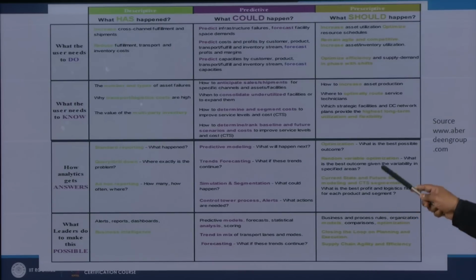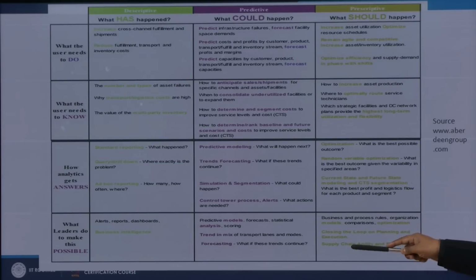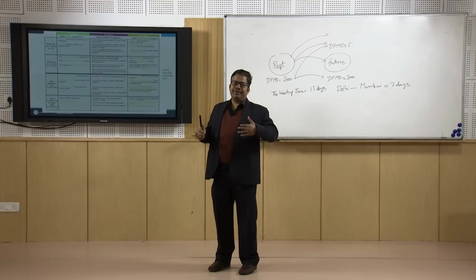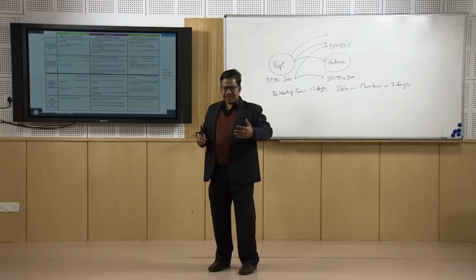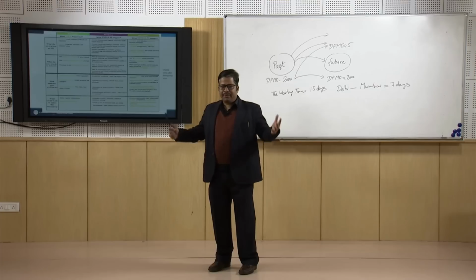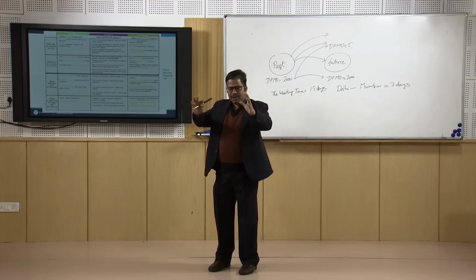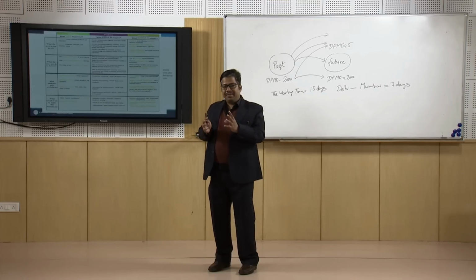For the optimization, what leaders need to do is see what the rules of the business are. When we are doing optimization, we make a lot of assumptions. We try to simplify the real world so that a particular mathematical model can be developed.